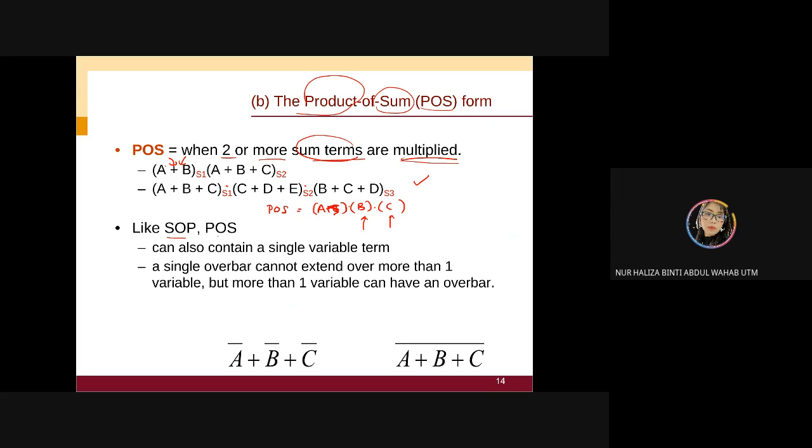Like SOP, POS also can contain a single variable term. A single overbar cannot extend. This one is also similar to previous. If you have this long bar, which is a single overbar, you need to convert it into a single bar like this.